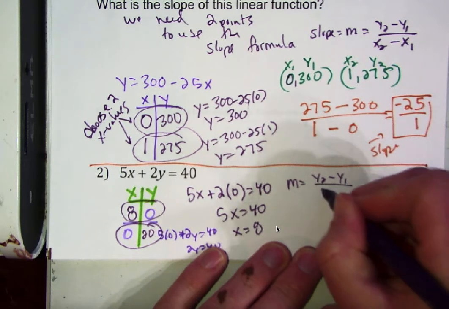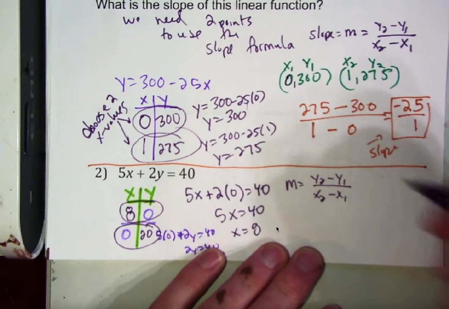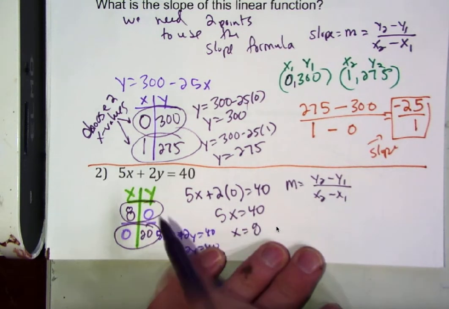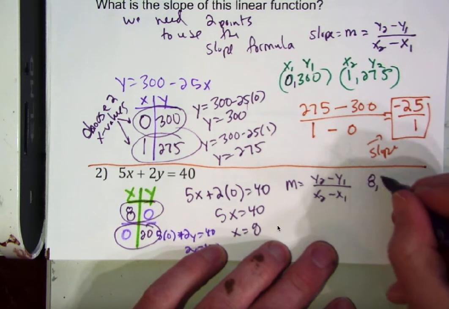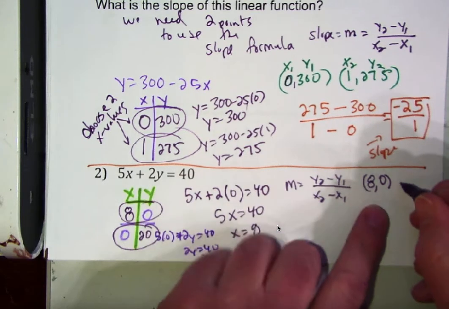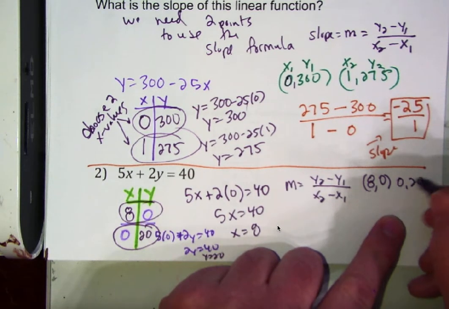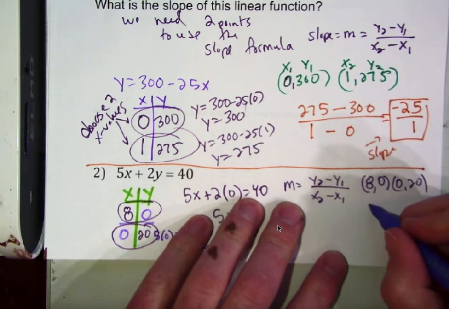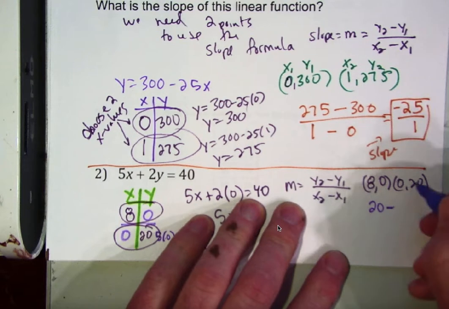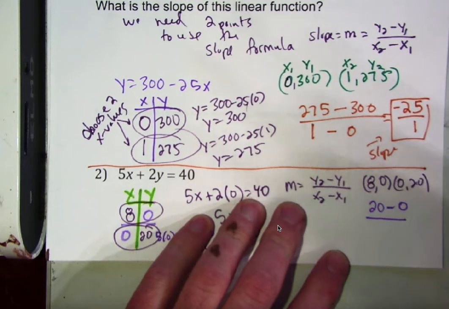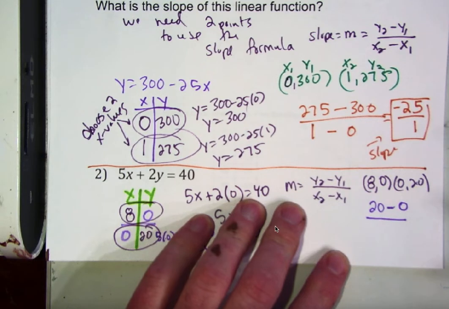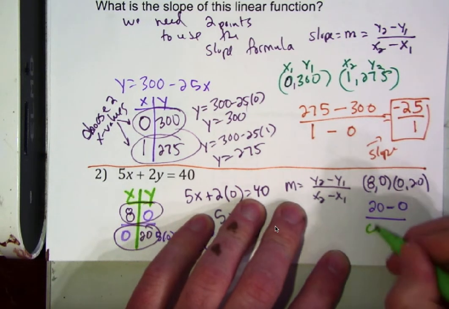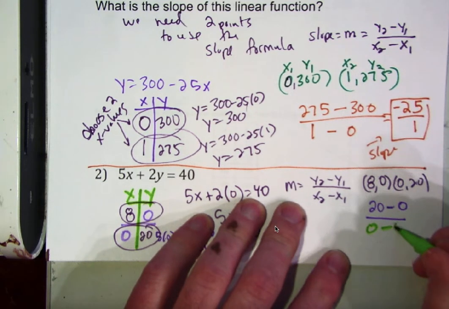And this is where students say, well, Mr. Moran, which one's x1, which one's y1? And what I tell them is it doesn't matter. Let's call the first point we use x1, y1, but it actually doesn't matter. So it says take the second x, second y minus the first y over the second x, which is 0, minus the first x, which is 8.